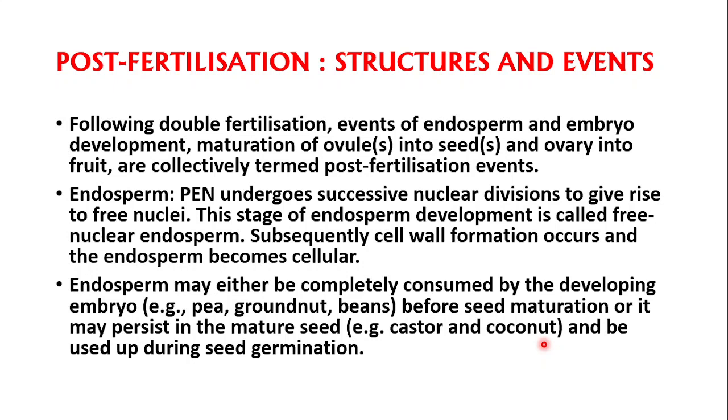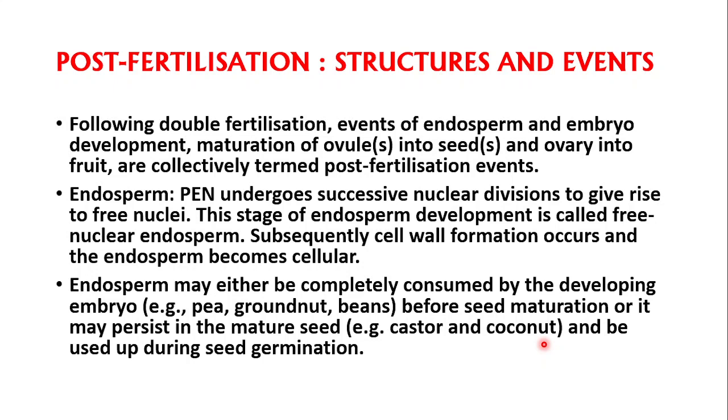During the development of this embryo, it needs what? The food material or else the nourishment. The nourishment required by the zygote for embryogenesis will be given by the nutritive tissue which is developed by means of the primary endosperm nucleus. The endosperm will be formed, and what is endosperm? It is the nutritive tissue for the developing embryo.